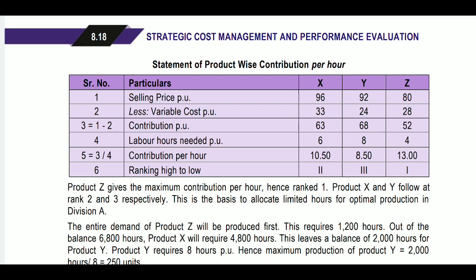So we get the contribution, and we divide it by labor hours to get the contribution per hour. The product with the highest contribution per hour we will prefer to produce first.